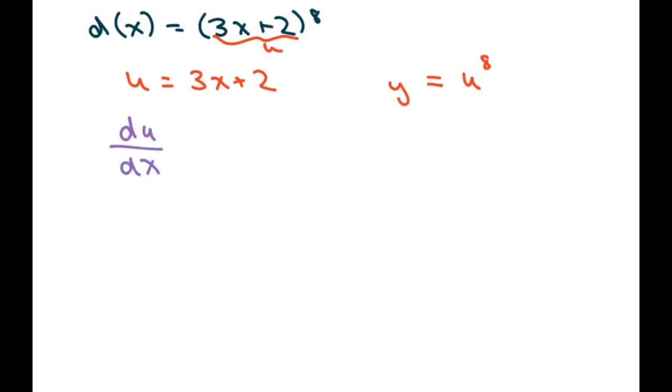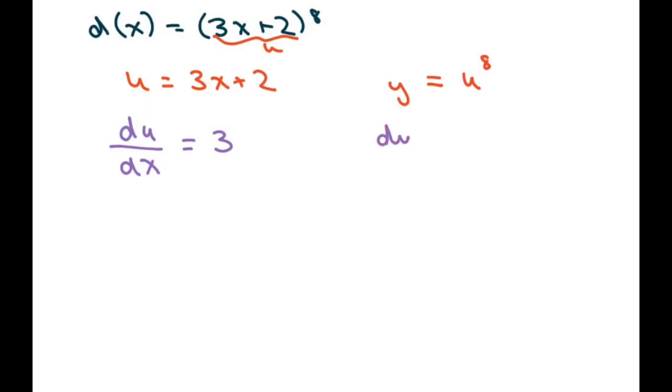And the next one is this one. So my inner function is going to be 3x plus 2. My outer function is going to be y equals u to the 8th, because we're calling this u. Take the derivative of u with respect to x. That's just going to give us 3.